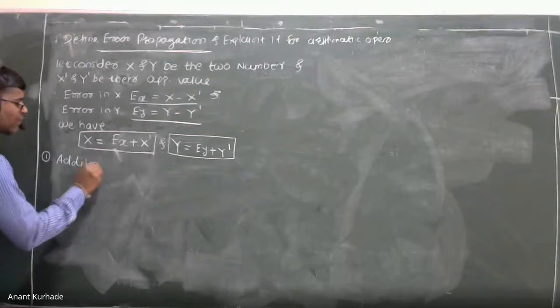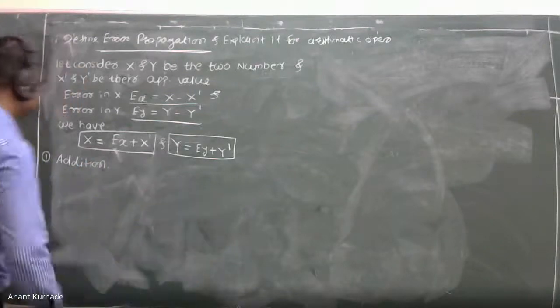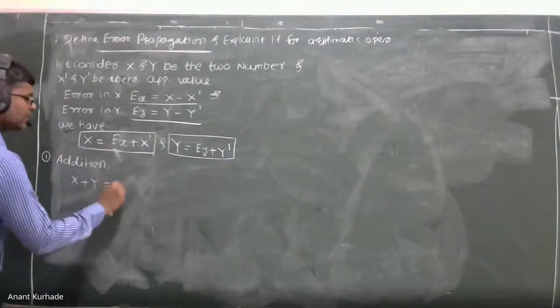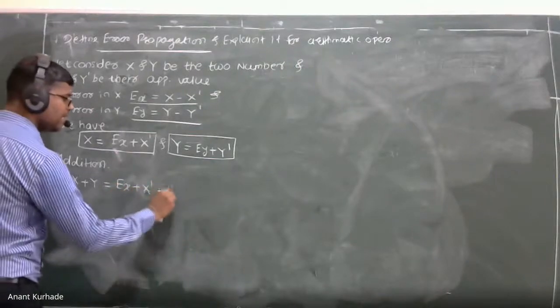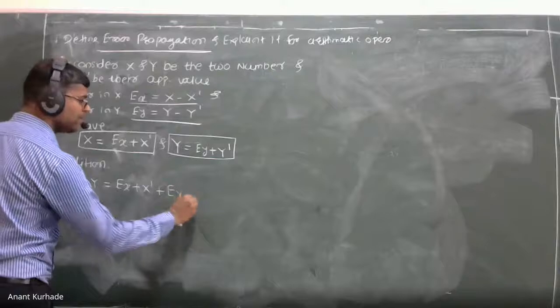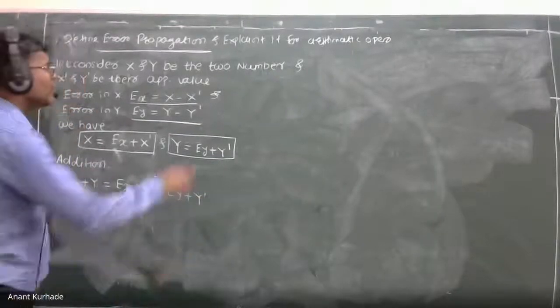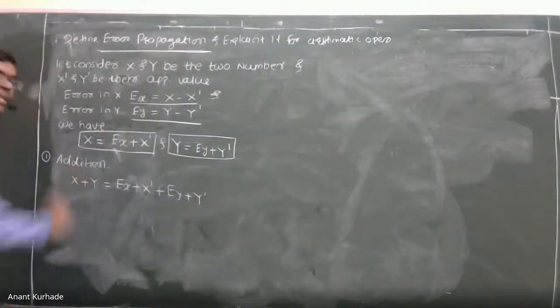Write here addition. Now add these two numbers. You can write capital X plus capital Y is equal to EX plus x dash plus EY plus y dash. But now we are showing error propagation performing addition.